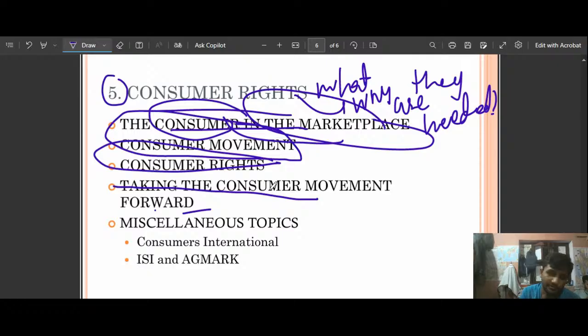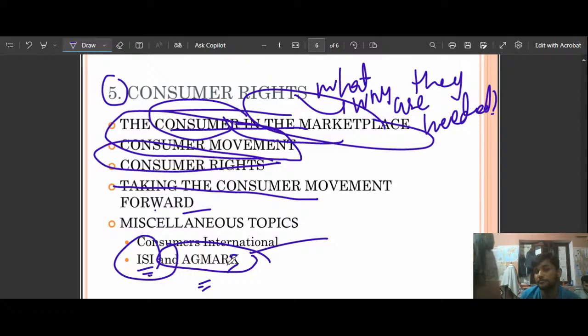Here we are also going to see some miscellaneous topics like Consumers International, and some extra miscellaneous topics like ISI marking and Agmark. These are systems certified by an organization or government organization after checking the quality of the product, to verify for the user how authentic the products are.